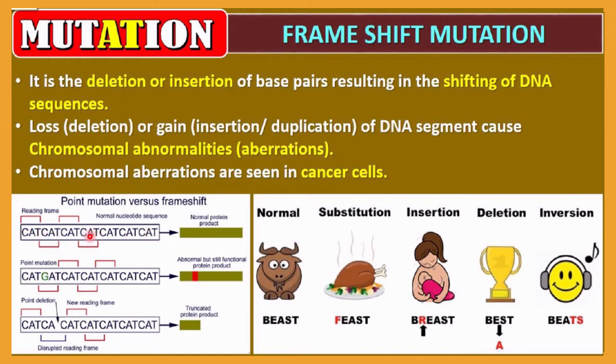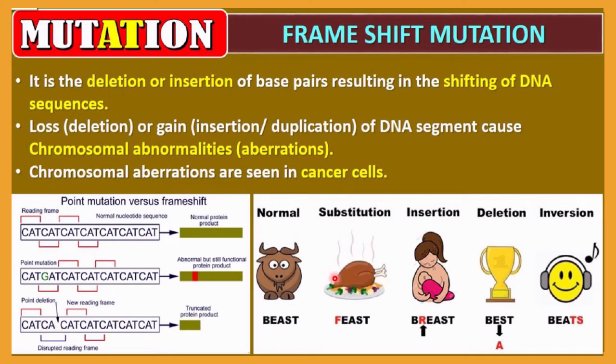Whenever protein synthesis occurs, these three bases, the triplet, will be read together. But here T is deleted. As a result, the frame will shift. CAT now becomes CAC because three bases are read together. So you can understand this code will be changed.